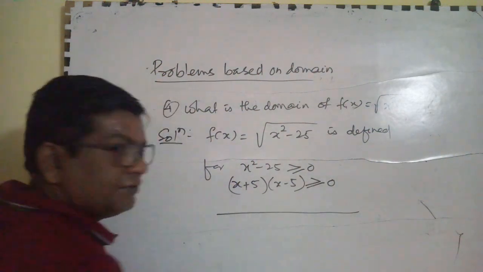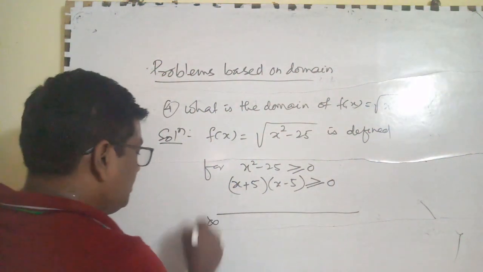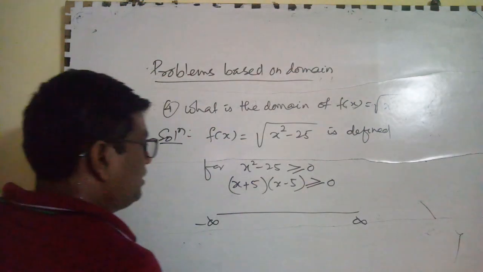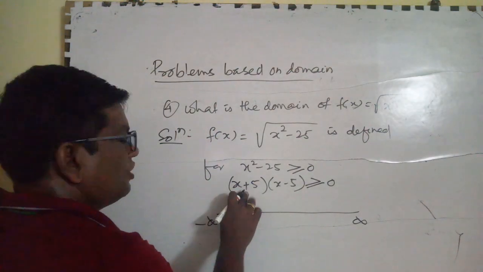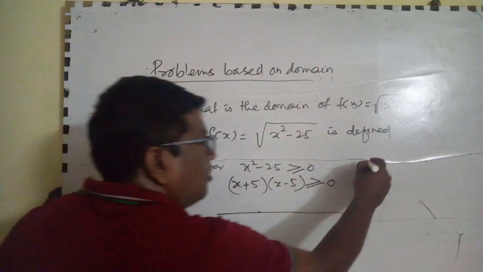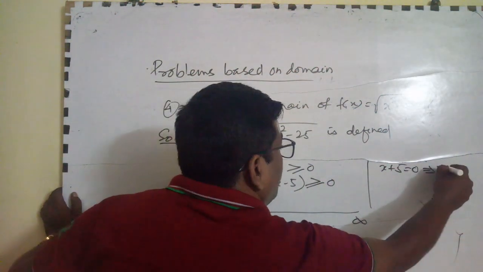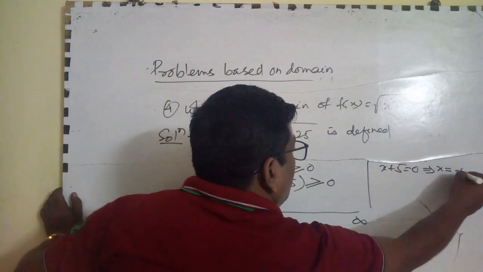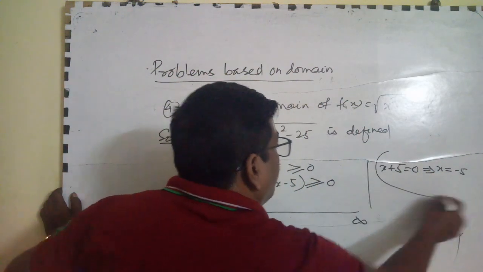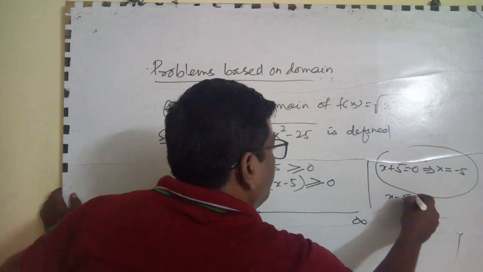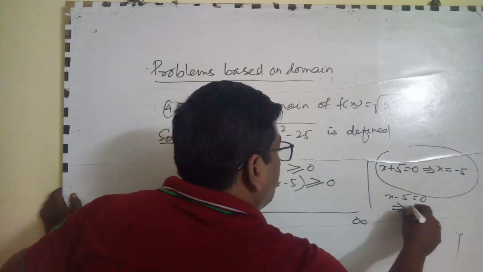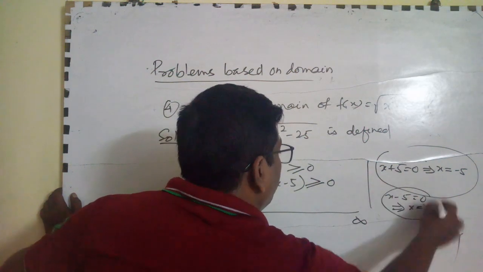Draw number line, minus infinity to plus infinity. Rough: x plus 5 equal to 0 implies x is equal to minus 5. X minus 5 equal to 0 implies x is equal to 5.